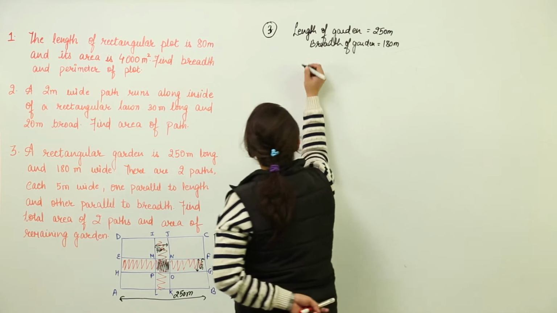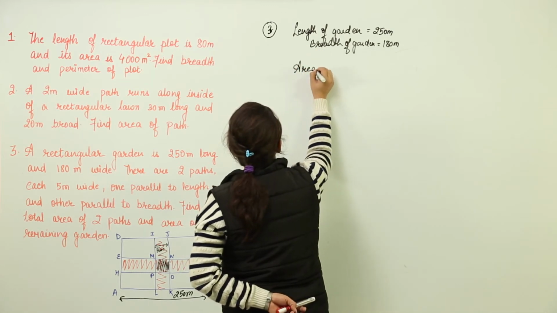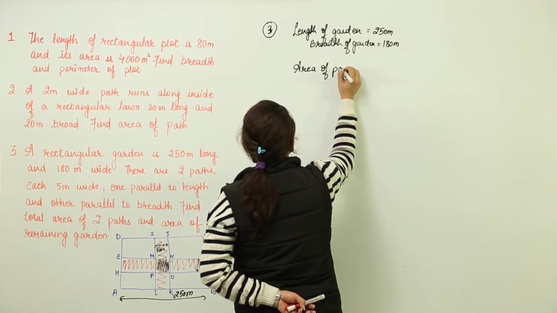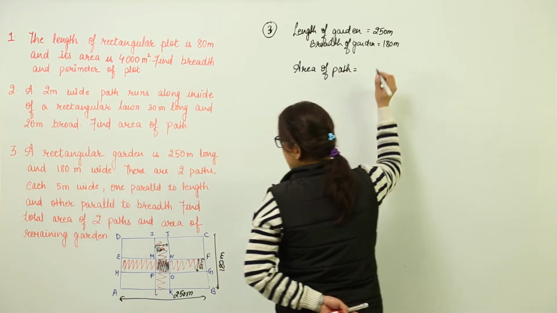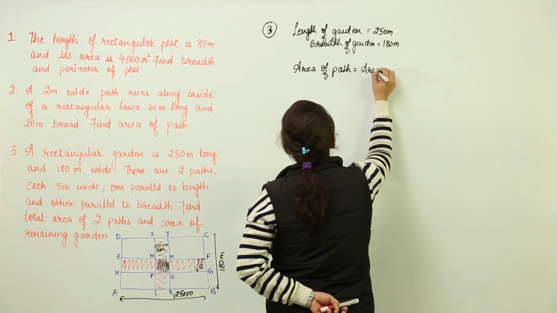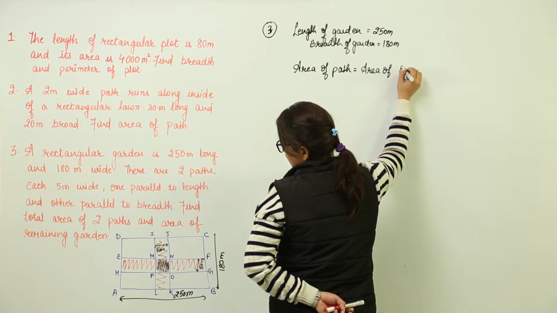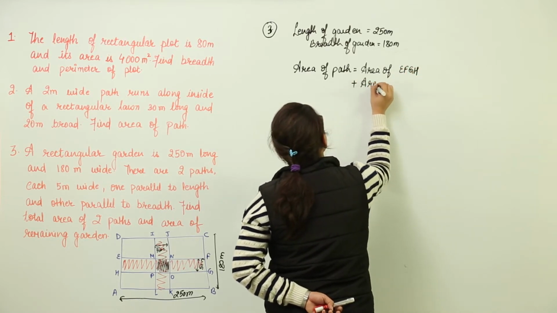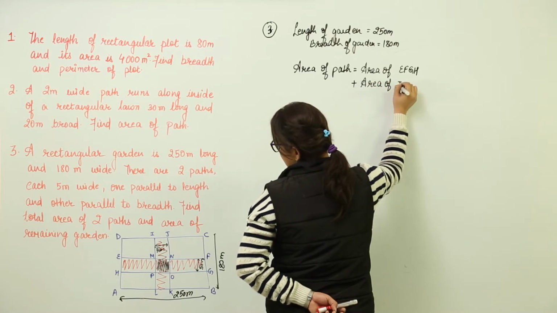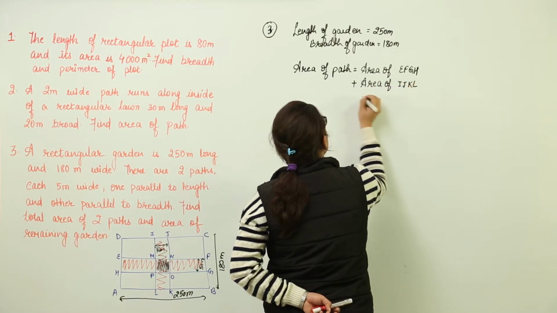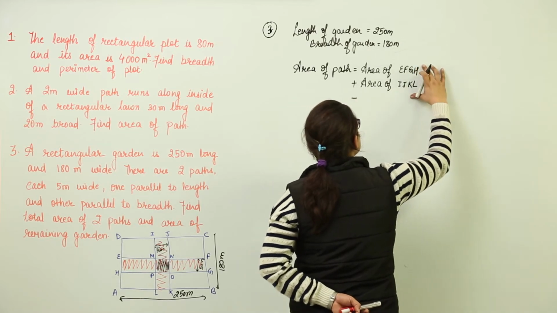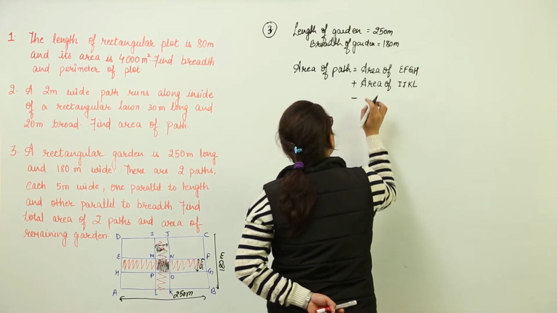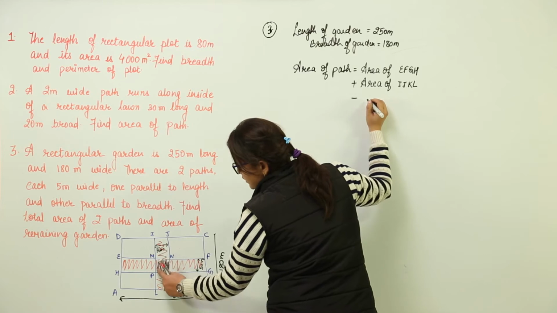That means to find out the area of path, the steps are that you will be adding the area of the rectangle EFGH. You will be adding the area of the other rectangle, that is IJKL, and out of this sum, you will have to deduct the area of this square.